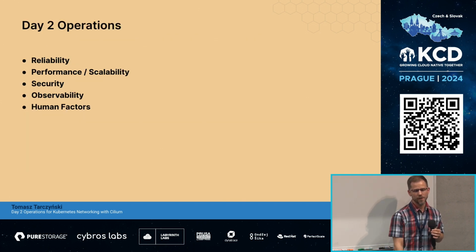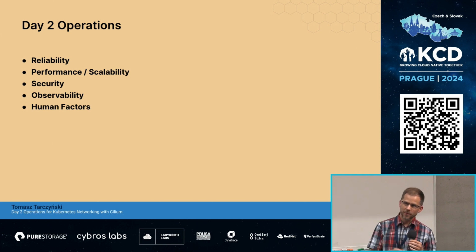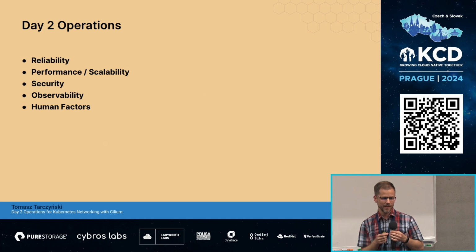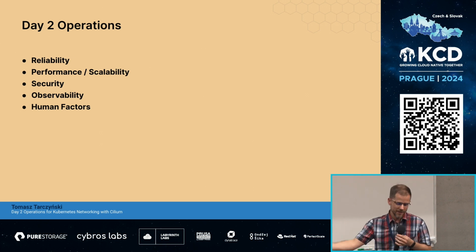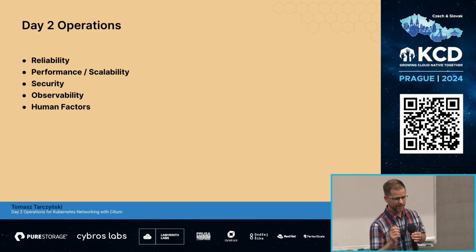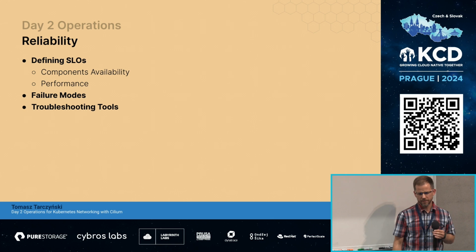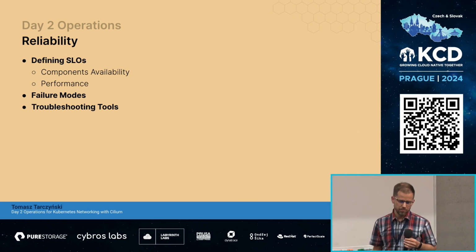Okay, so what considerations would I recommend to keep in mind when planning for your, let's say, production Kubernetes story, how to design your network, what decisions to make? So first one, reliability. It cares about stuff like defining your service level objectives.